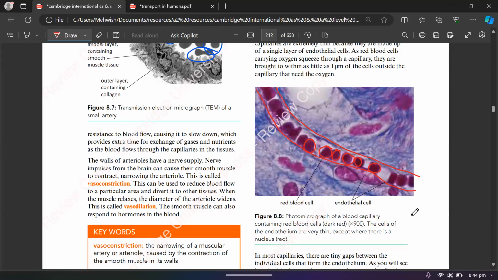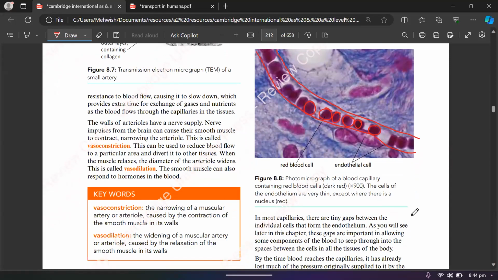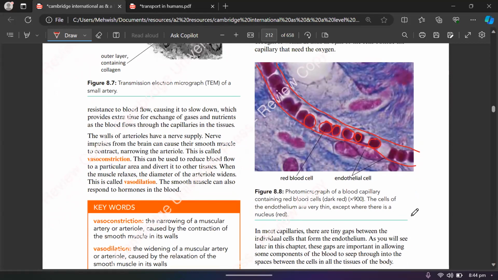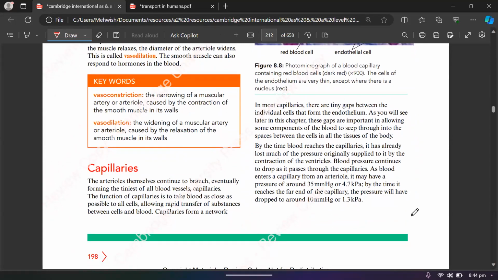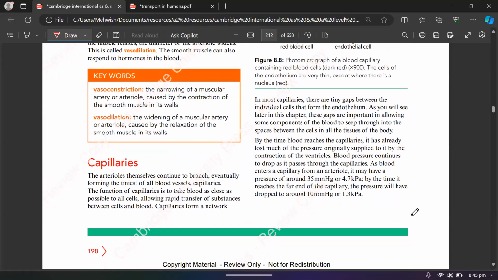Because they are of equal size in comparison to the capillary diameter, that is 7 micrometers. So they have to squeeze themselves when they pass through, and move in one line. They cannot move in bulk, they always move in this way, right?